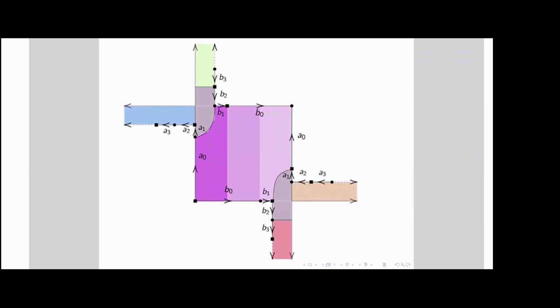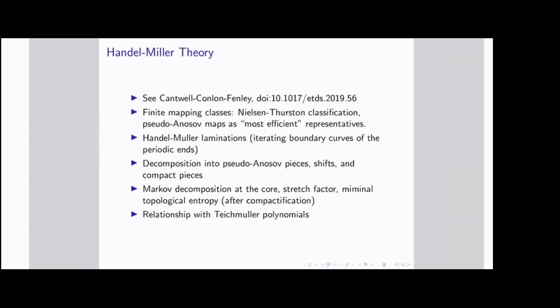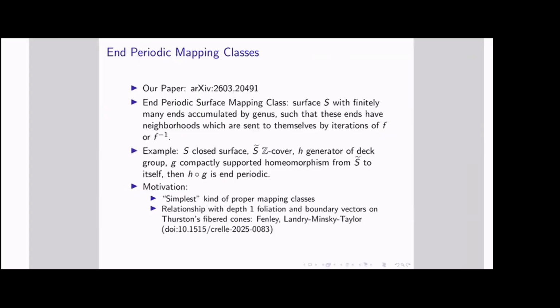And we can perturb this manifold with depth one foliation to get a foliation of the same manifold over the circle. Once we do that, we get a sequence of elements inside the first fiber cone. So this whole construction is described in the paper by Landry-Minsky-Taylor.